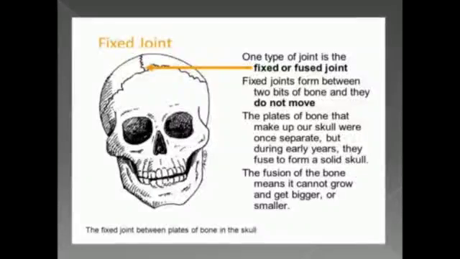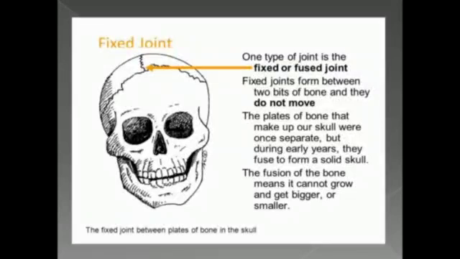A fixed joint does not allow any type of movement. So here the bones cannot move at this joint, and such joints are called fixed joints.